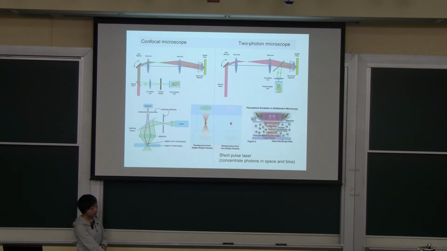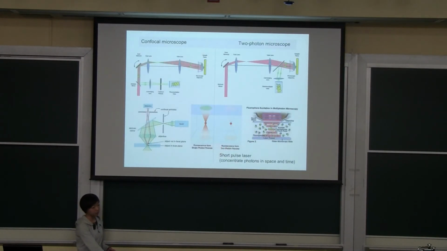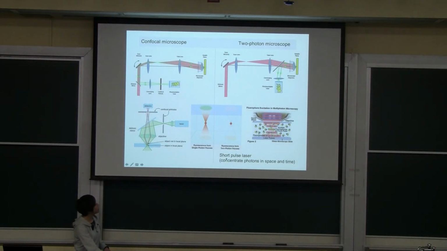Okay, then another similar idea is called the two-photon microscope. Remember, for two-photon you use a different light wavelength, but at the same time you have to make sure those two photons arrive at the same time. Another special design for two-photon is you have to use a very short pulse laser, so you can concentrate the photons both in space and in time.